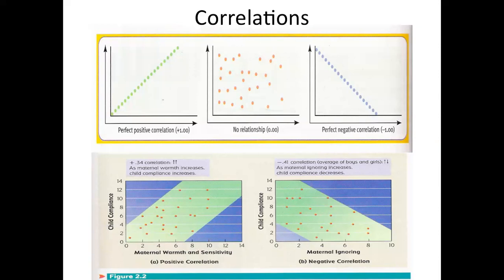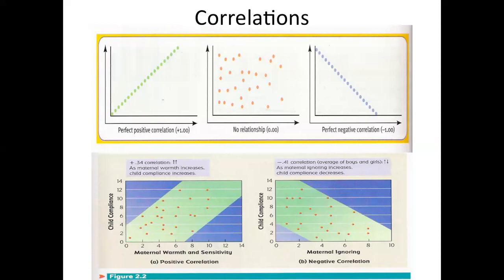On the bottom left, it's sloped upward to the right. So we would say that there's a positive correlation between maternal warmth and a child's compliance. So the warmth and love provided by a parent increases the likelihood of a child listening, right?